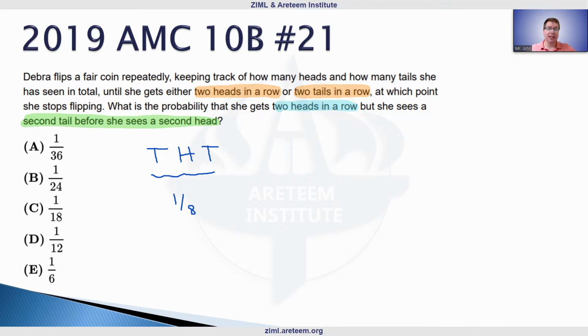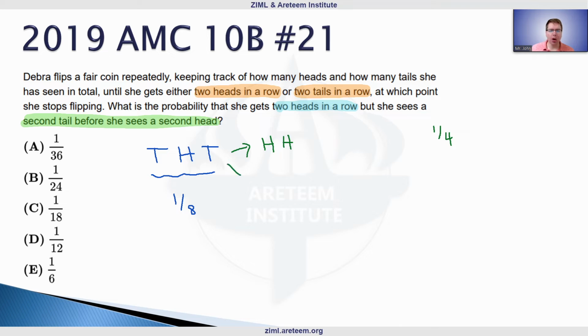You don't see the solution right away, but you just start playing around a little bit. Well, if we're getting 2 heads in a row, now we've gotten the second tail before the second heads. Maybe we just get 2 heads in a row there. And we could keep track of the probability of that as well. This would have an additional probability of 1/4.